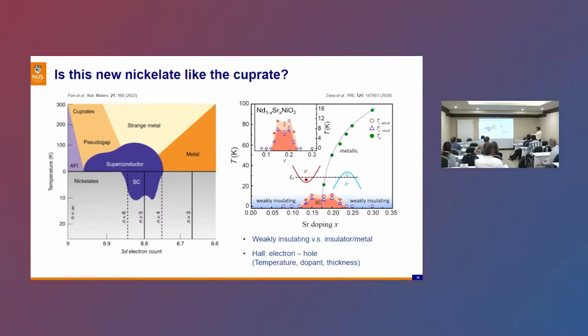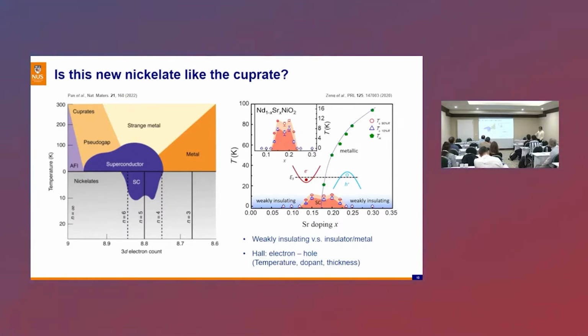Right? So as you go down, for example, for 0.2, which is considered as optimally doped, you start with the electron dominant carriers, but then around 80 K or so, you start to have hole dominant carriers in this 0.2 Nd-based system.